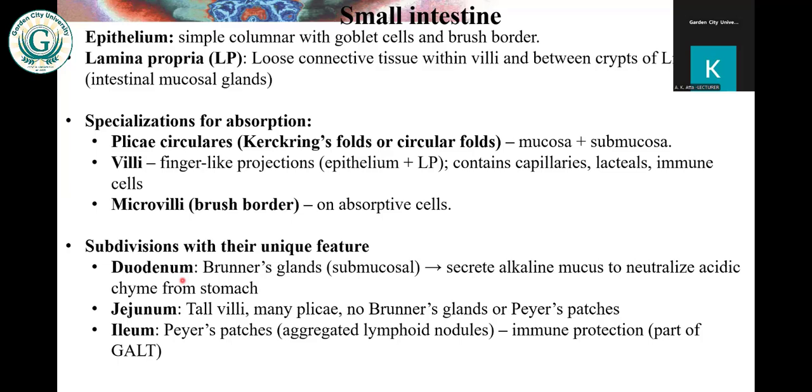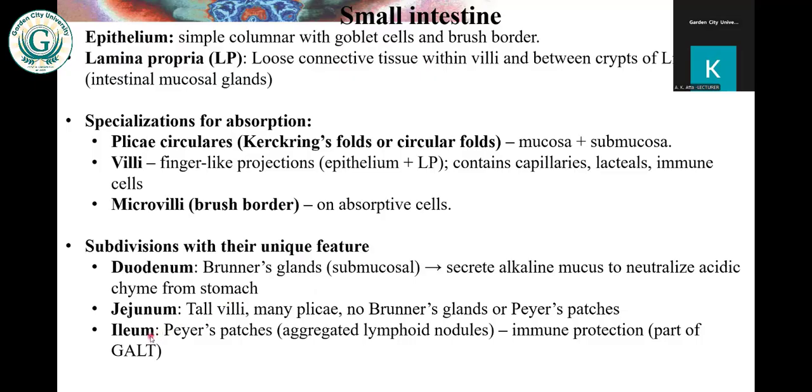We already explained that in the duodenum is where the pancreatic juice and bile ducts open into the duodenum. Therefore, for these pancreatic enzymes to work, this acidic chyme must be neutralized. So the duodenum in the submucosa has what we call submucosal glands, named after this person, Brunner's glands. They secrete alkaline mucus to neutralize the acidic chyme from the stomach.